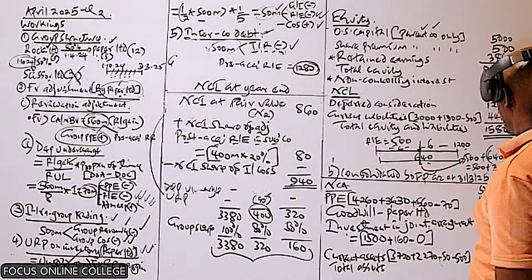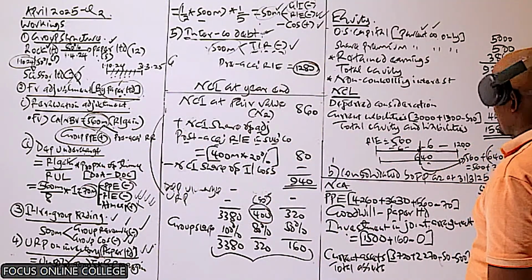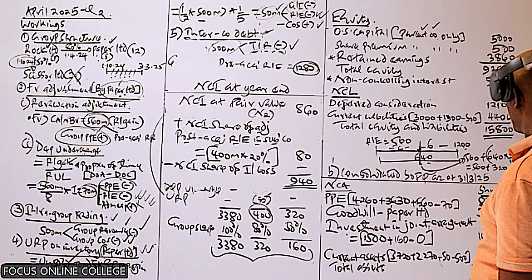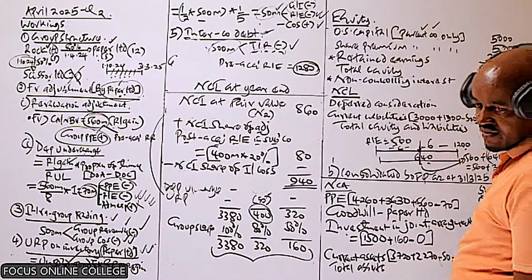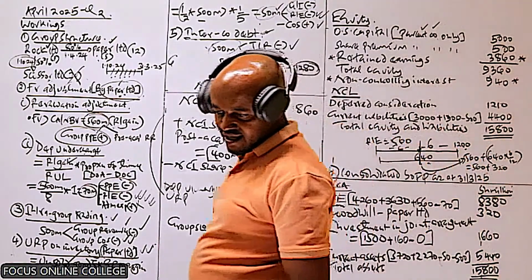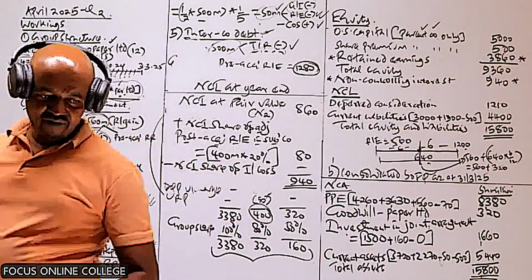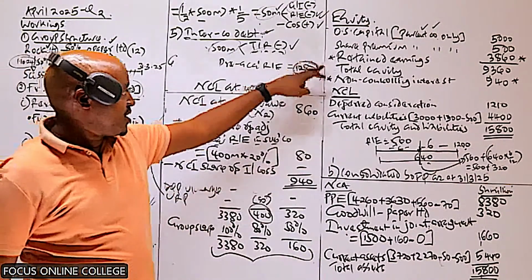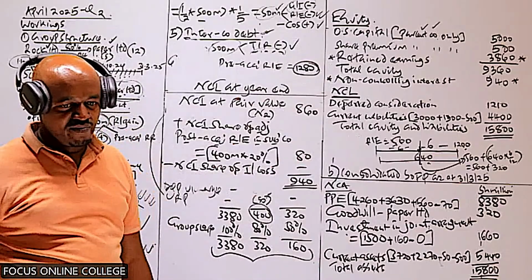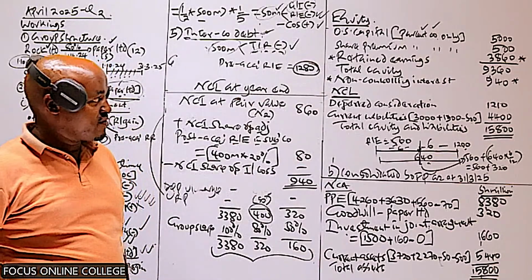So the NCI fair value here is basically 940. Although these are some of the tips we will discuss during our revision, whenever you're doing that question in an exam, I will not advise you to compute this and this. Because even without computing those two items, you'll have scored all the marks.